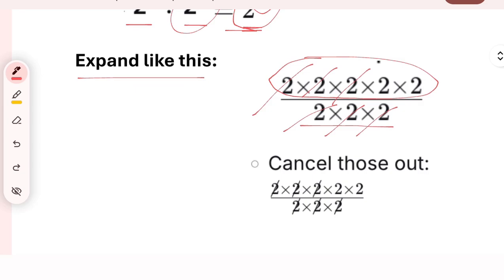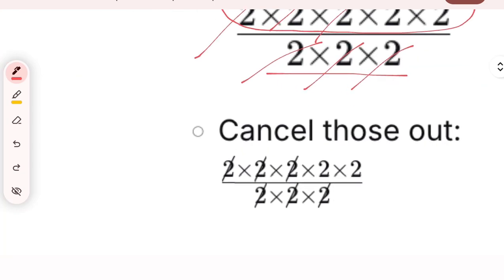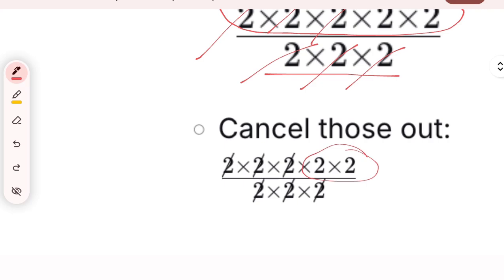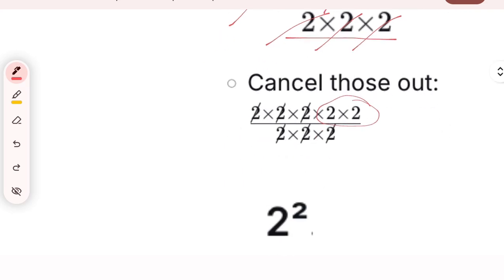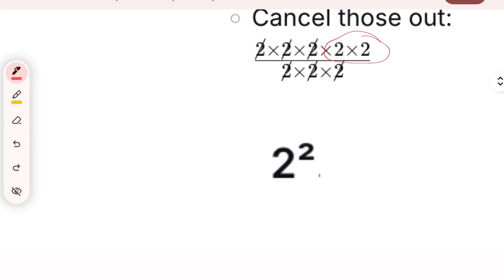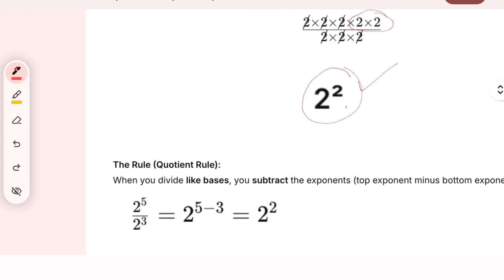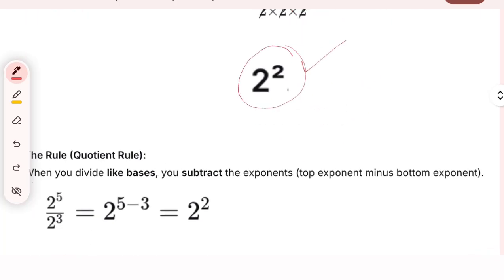So what is left is these 2 2's, right? 2 times 2 is left, or 2 squared. What is left is 2 squared.